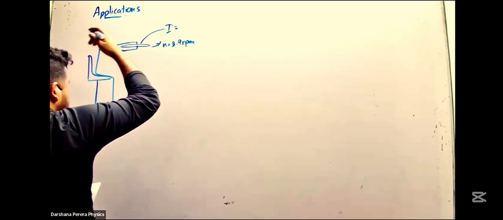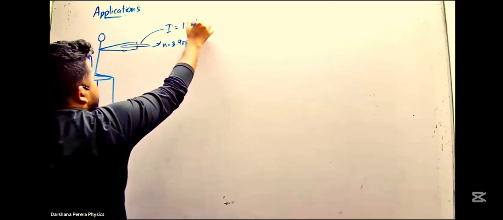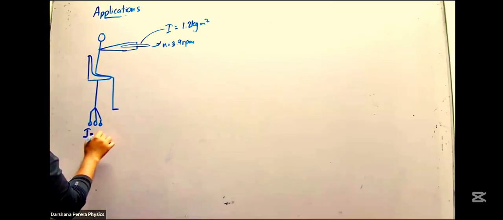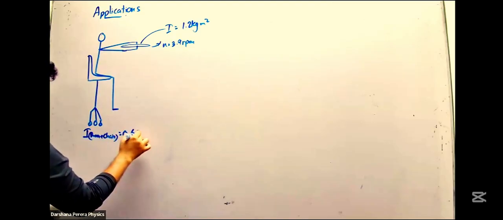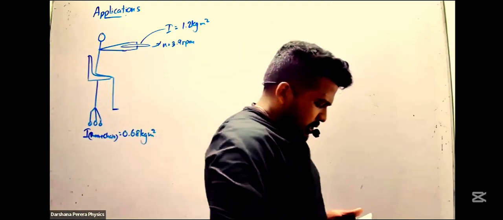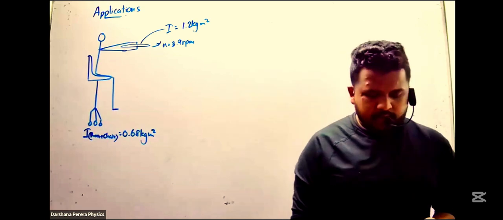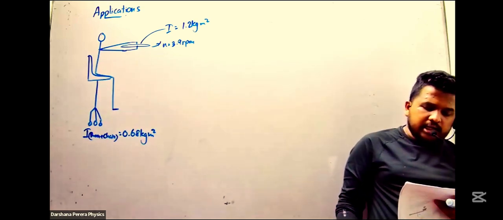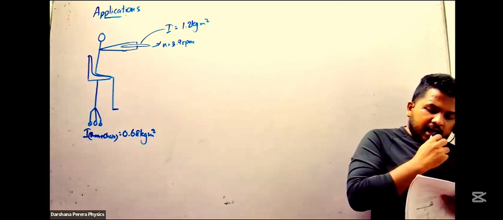I equals 1.2. In this case, I of the man plus chair equals 0.68. Initially, the man and the chair are stationary.